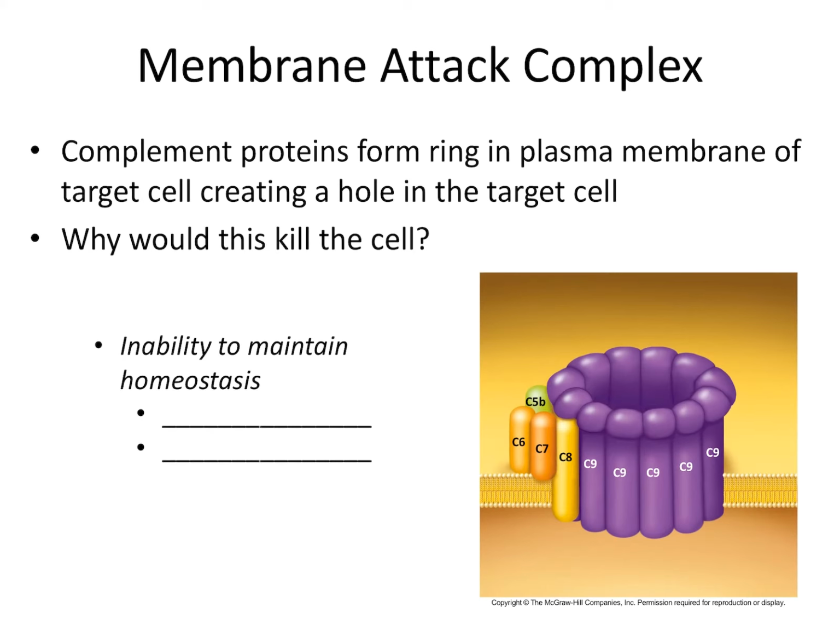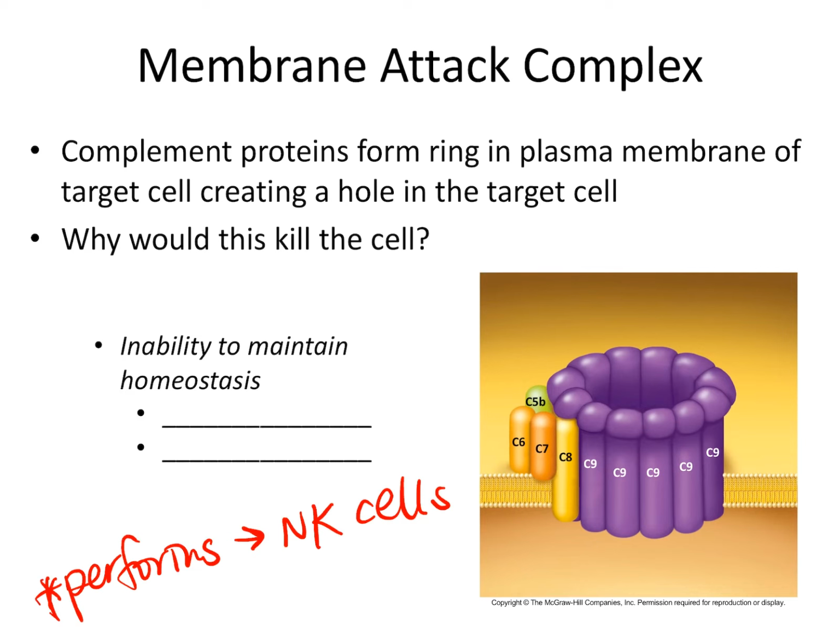This membrane attack complex is essentially going to be this group of activated complement proteins that are going to form a ring and ultimately a hole in the target cell membrane. Now, as we saw with the perforins earlier, which were released by our NK cells, our natural killer cells, once these membranes poke a hole in the target cell, this cell is ultimately not going to be able to maintain homeostasis anymore.